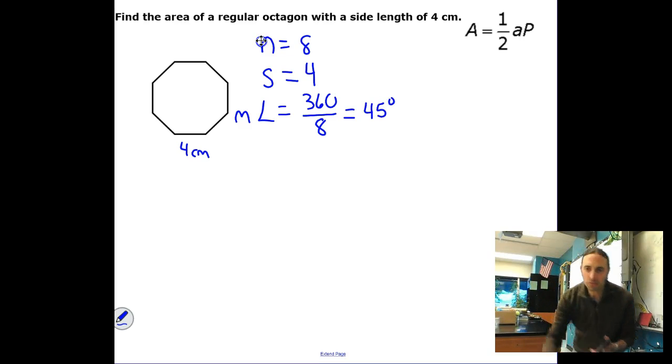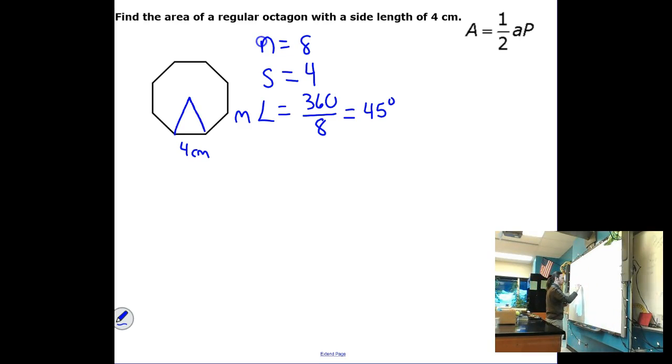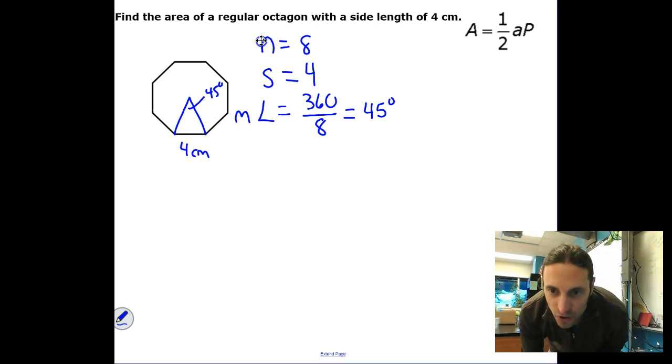Okay, the next piece, let me go ahead and draw that. So I know this angle here is 45 degrees. Now, what's so cool is how am I going to find this little apothem? Let me draw a little apothem.